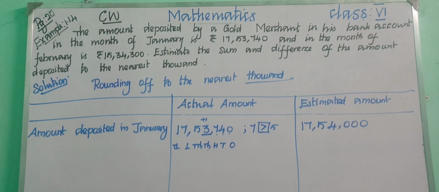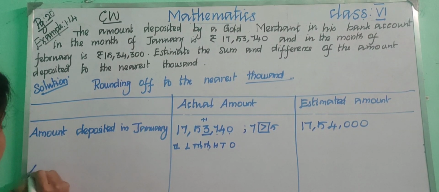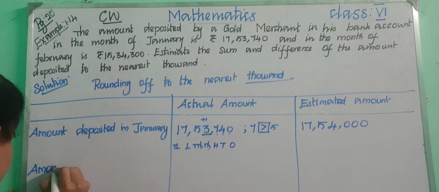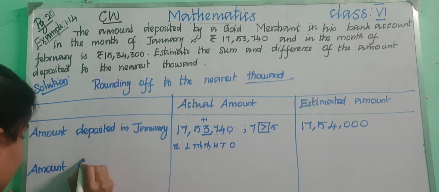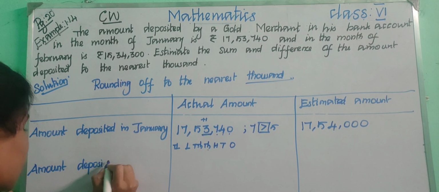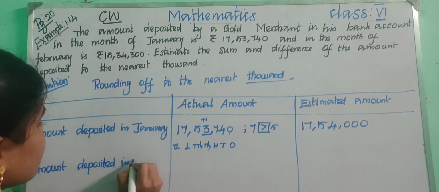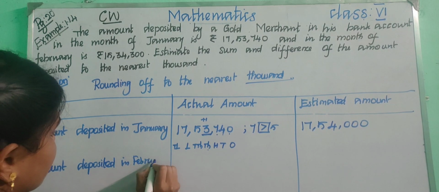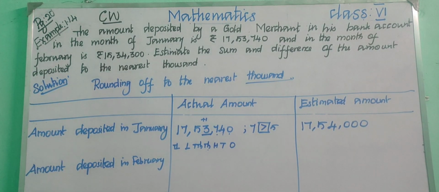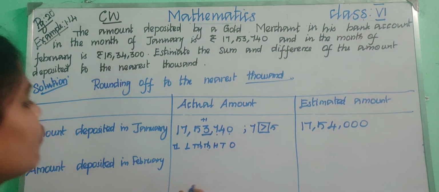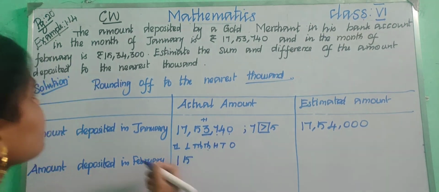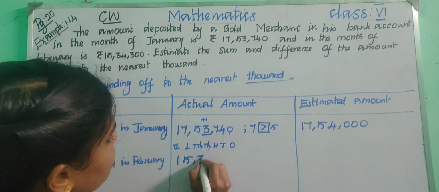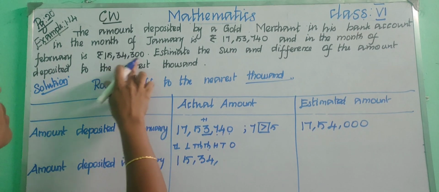Okay children, so let us write the amount deposited in February. So what is the amount deposited in February? 15 lakhs 34,300.